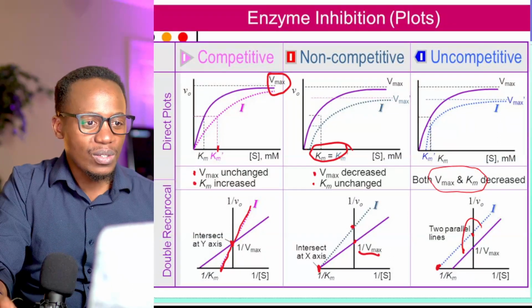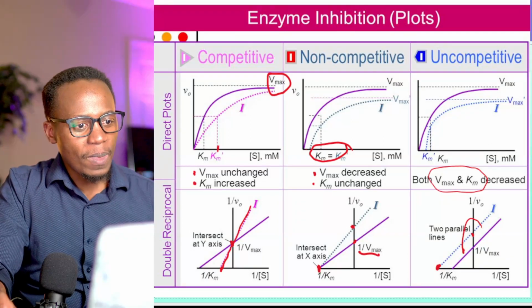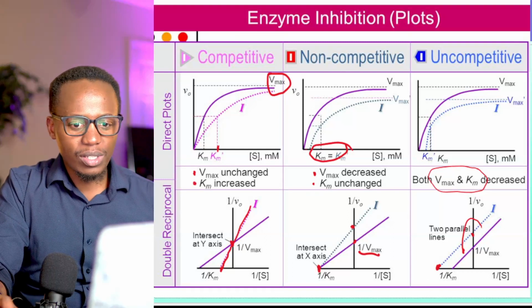All right, so I think that's enough about enzyme kinetics and enzyme regulation. But with this video, I think we've been able to look at an overview of enzyme kinetics, look at some of the calculations that you can do using enzyme kinetics, especially the Michaelis-Menten equation.